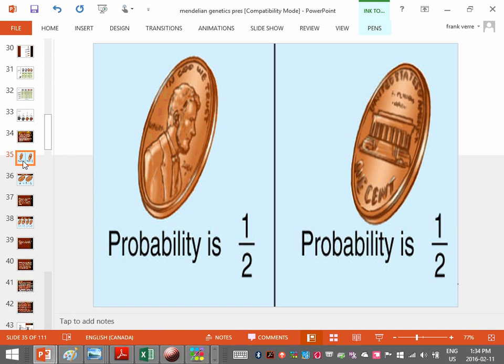Unless there's something funny with it, a coin has two sides, heads and tails. And the odds of getting heads is 1/2. The odds of getting tails is 1/2. So the product rule is, let's say I'm asking for a particular sequence, and there's only one way to get that sequence. What are the odds I'm going to get that outcome?